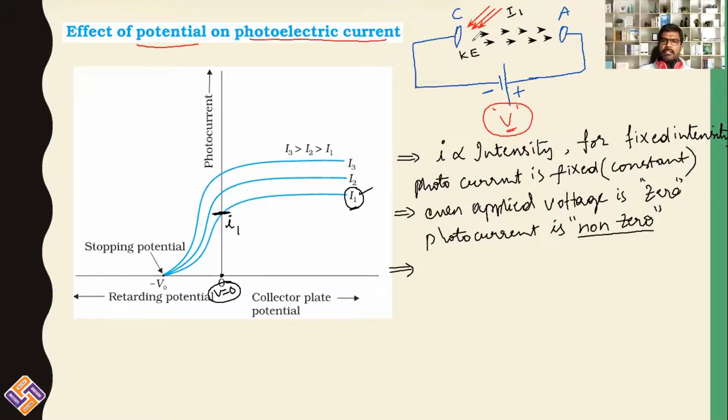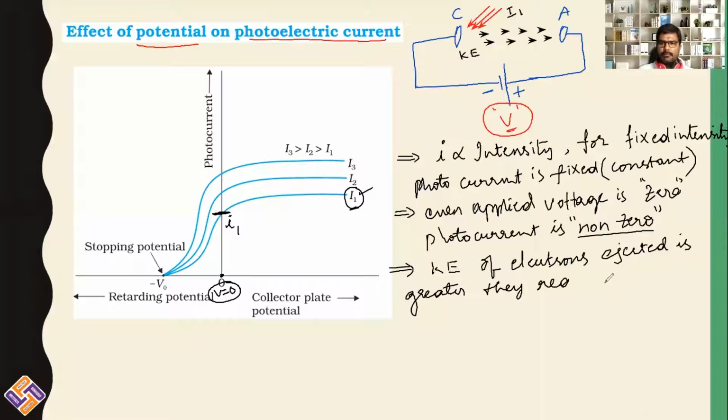If the kinetic energy of the electrons ejected is greater, they reach the anode plate, even if the potential difference is equal to zero.